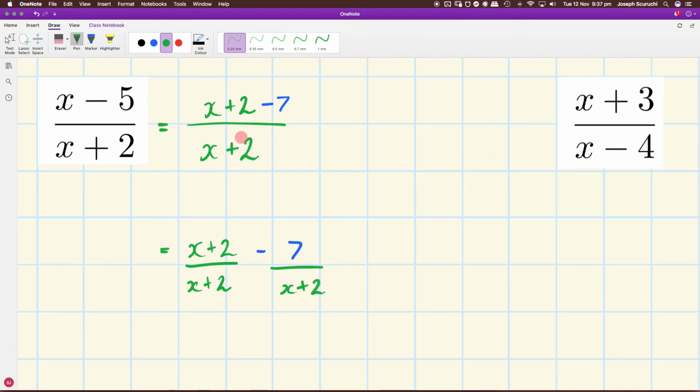So all I've done from this step to this step is break up my fraction. I then realize that x plus 2 divided by x plus 2 will be 1. Let me do it in green. 1. And I'm going to leave this the same. Negative 7 over x plus 2. So this here will be my answer.